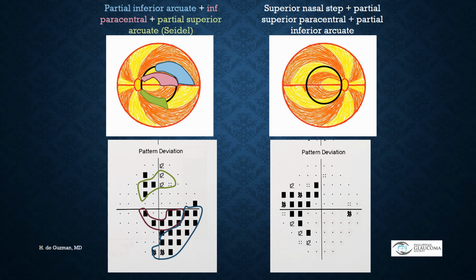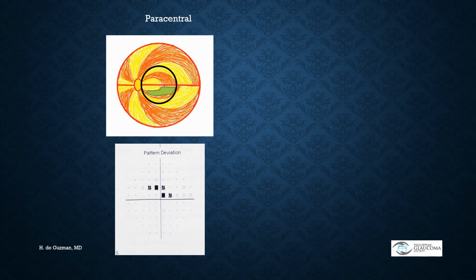On the other side, there's a superior nasal step defect, a partial superior paracentral, and a partial inferior arcuate defect. The way I've been showing it to you so far is to match the visual field with the corresponding appearance as if you were looking at a disc photo.